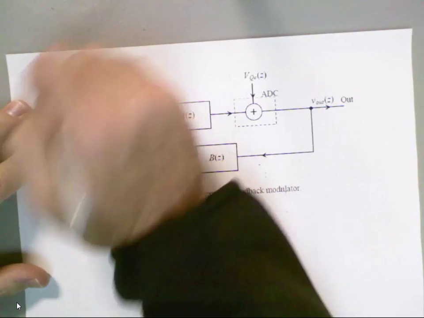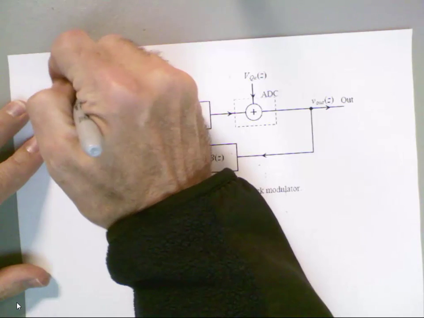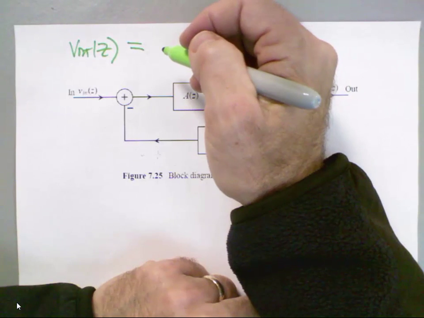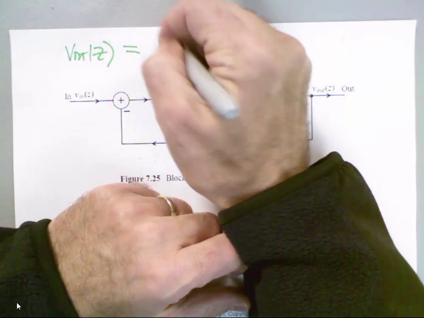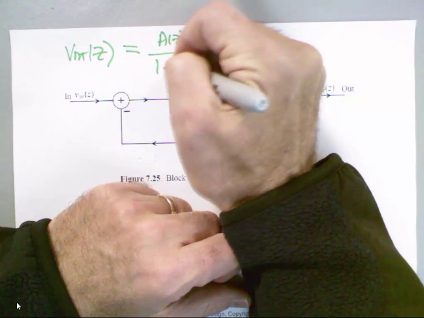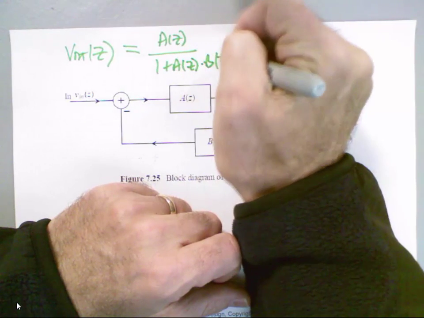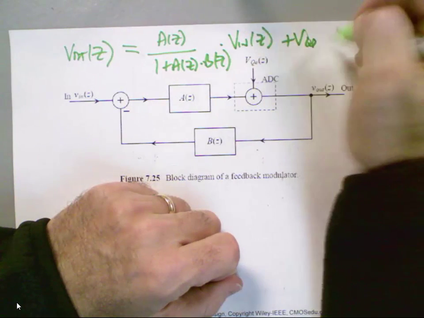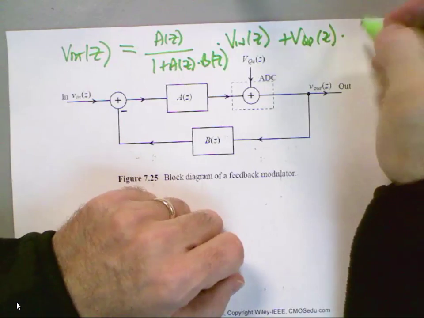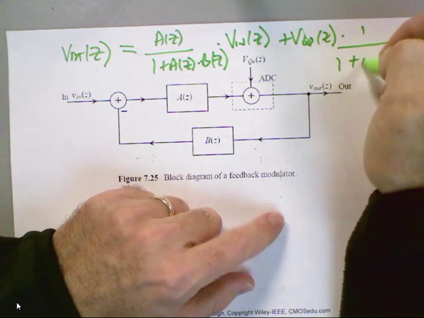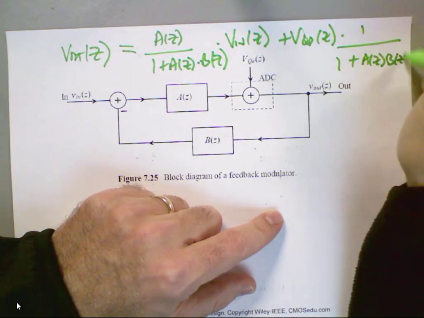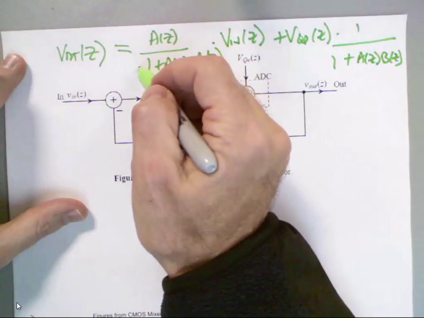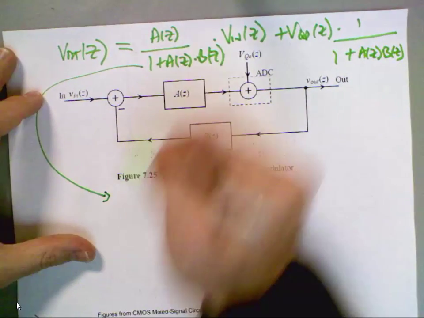If you recall, for this feedback loop, V out of Z was equal to A of Z divided by 1 plus A of Z times B of Z, times Vn of Z, plus VQE of Z times 1 over 1 plus A of Z, B of Z. We derived this at the end of chapter 5, I think. Does everybody recall that? And refresh my memory from half an hour ago, what did this whole term equal?